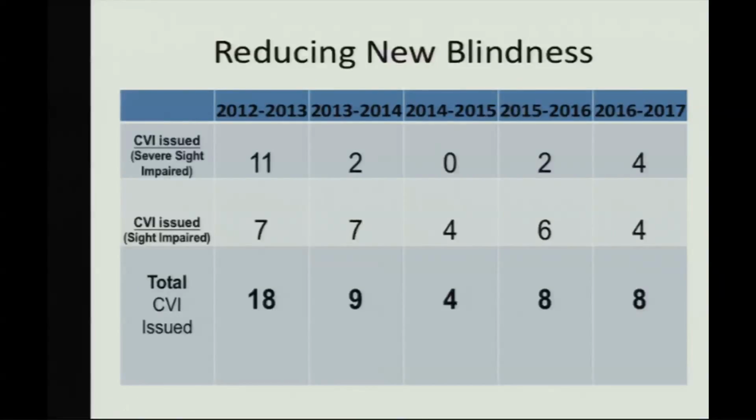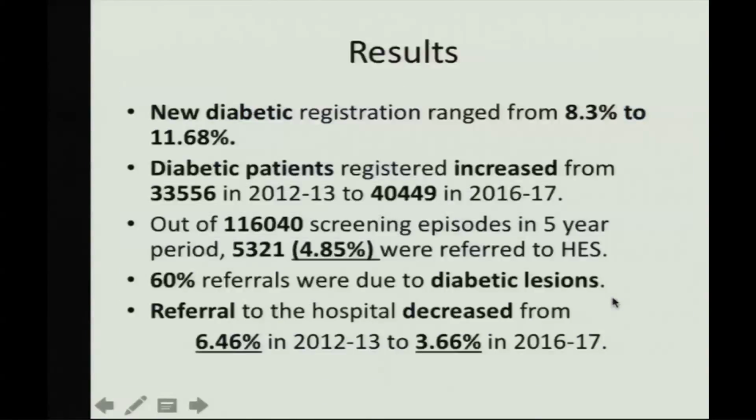Looking at reducing new blindness, certificates of visual impairment issued were 11 for severe sight impairment and 7 for sight impairment, a total of 18 in 12-13, which reduced in 16-17 to 4 and 4, a total of 8. So overall results: new diabetic registration ranged from 8.3% to 11.68%.